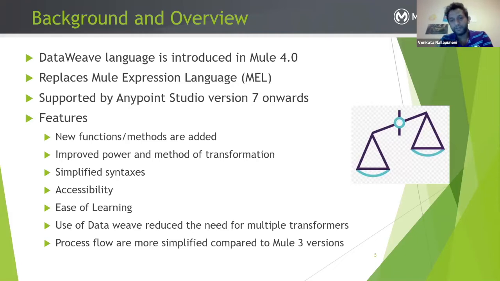The process flows are simplified compared to Mule 3 versions. I've done projects in both Mule 3 and Mule 4. The power of DataWeave is that I've cut down about 50% of the flows using it. In simple words, I can define the variables within the DataWeave itself, along with a payload, in a DWL.